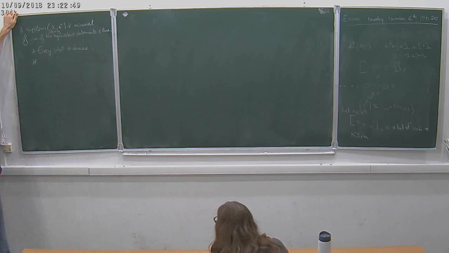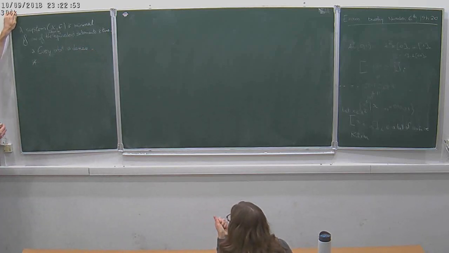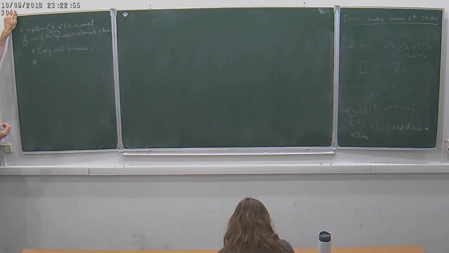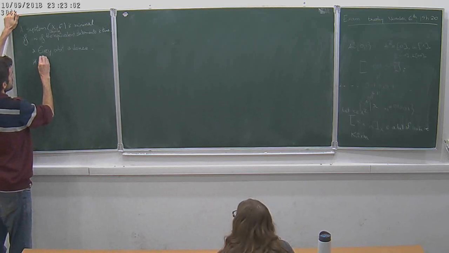Why is it called minimality? Because there is no strict subsystem. What is a subsystem?